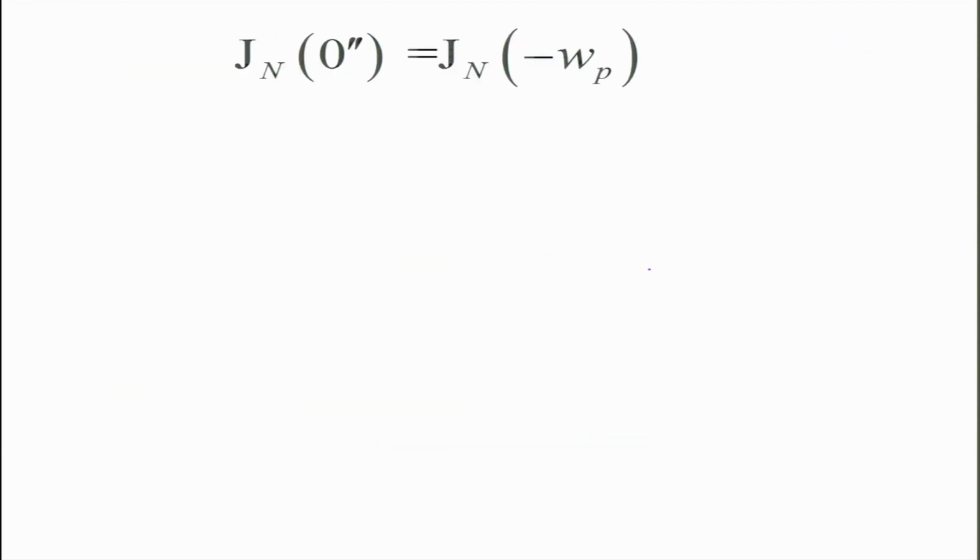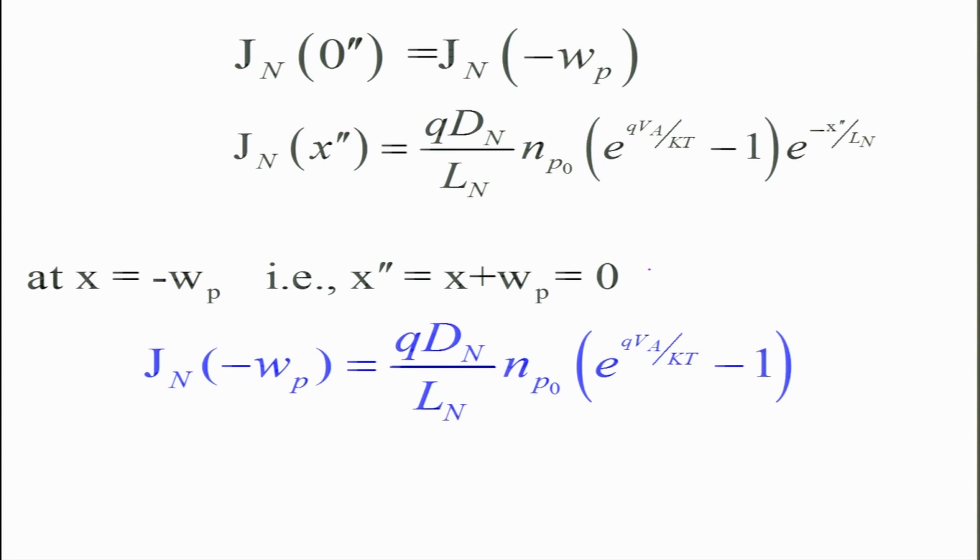If you do that, you can calculate using similar logic Jn at minus Wp equal to q Dn by Ln into Np0 into exponential of q Va by kT minus 1. So we got two expressions, one for electron, one for hole. Now you need to just sum them up.